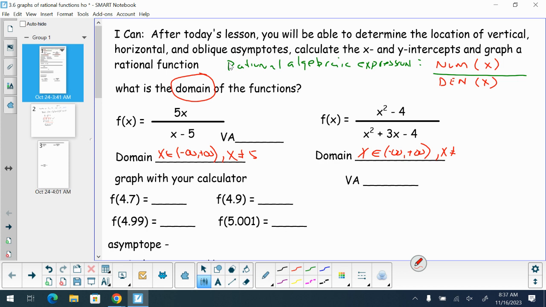It's going to be the same idea: x is a member of negative infinity to positive infinity, but x cannot equal what? Remember, x not equal to negative 4 and 1. We look at what makes the denominator equal to 0. So we can factor this down to x plus 4, x minus 1. That will give us the values negative 4 and positive 1. Okay, we have to watch our negative signs.